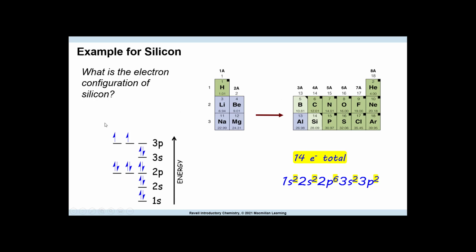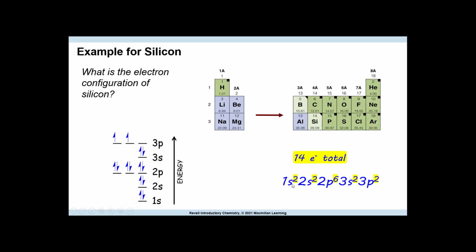Here's your diagram, and if you're having problems in the beginning, I would strongly suggest making a blank one of these so that you can start seeing how this needs to be, and then you can transfer it to writing it like this. So we have silicon of 14. So 14: there's 2, 4, 6, 8, 10, 12, and then we have empty orbitals, so we separate them, and we have 2.